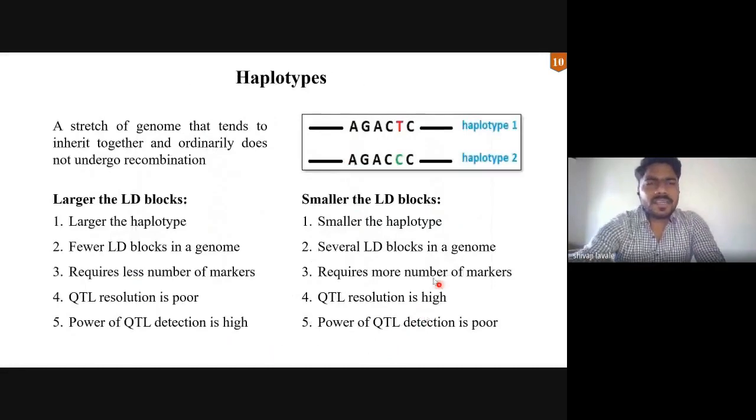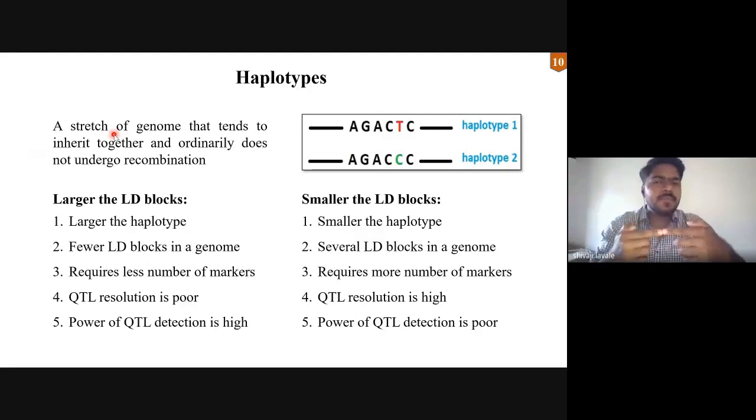Now let's quickly see what a haplotype is. A haplotype is a stretch of genome that tends to be inherited together or ordinarily does not undergo recombination. A stretch of nucleotides within which there won't be any recombination occurring is called a haplotype, and we talk about it in a single individual.